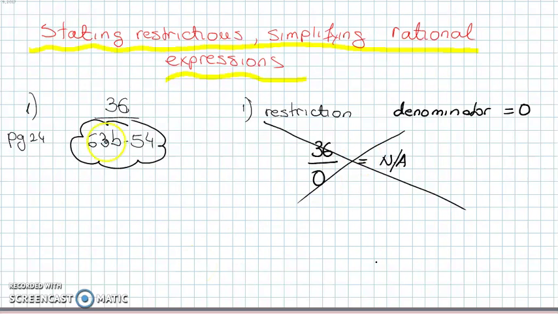So you want to say that I need to have the values of b such that 63b minus 54 is never equal to 0. So that's my restriction. This expression will exist. I will be able to simplify, to work with it.